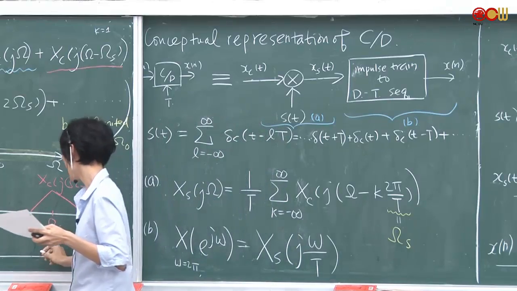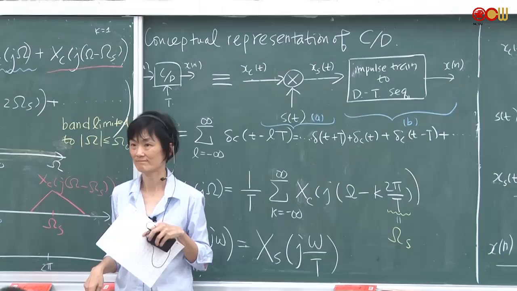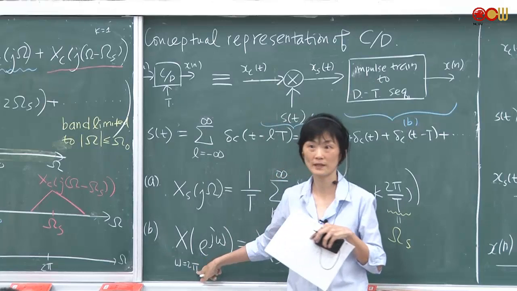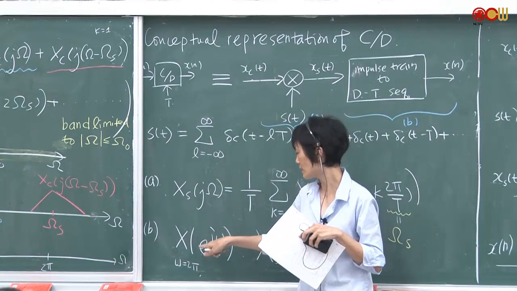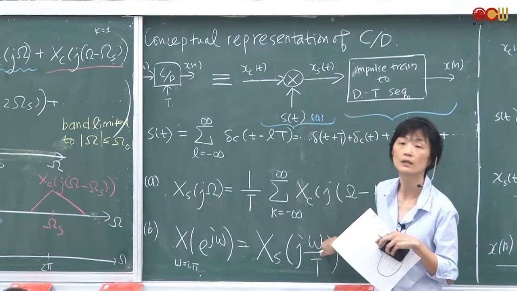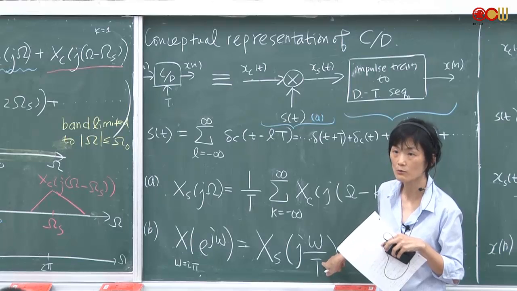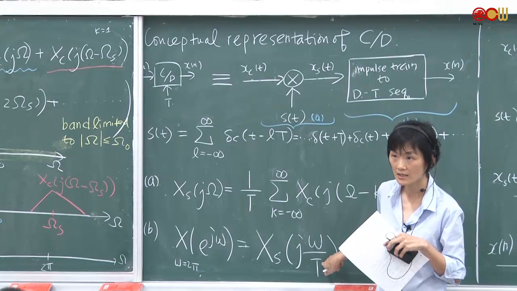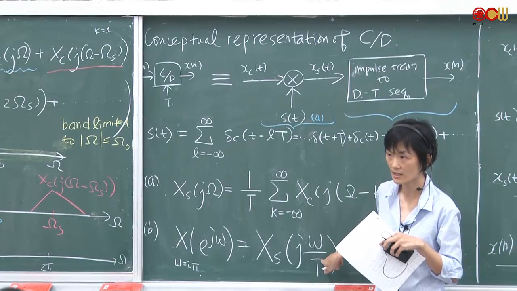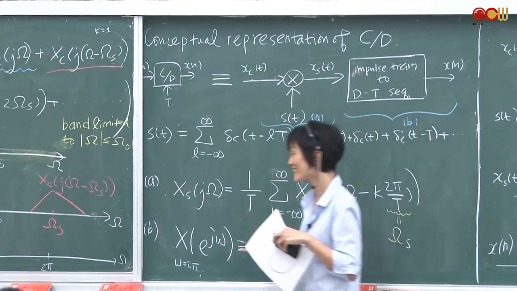So which of these frequencies will correspond to 2 pi? Well, we'll plug in omega equal to 2 pi and see what happens. Xs(j 2 pi over T), and that would be 2 pi over T. 2 pi over T is omega s, yes.